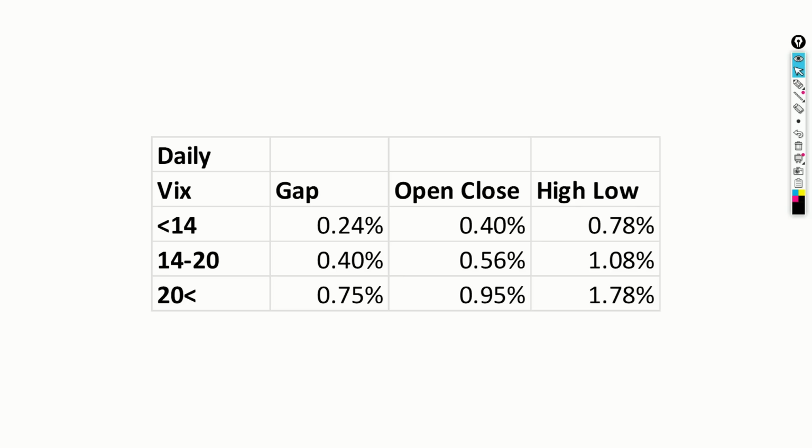So now if we have to summarize the entire thing, it is very simple. One, if the VIX is low, the volatility is going to be low. If the volatility is low, the range is going to remain very small. If the range is small, the amount of adjustments we are going to do is going to come down drastically.